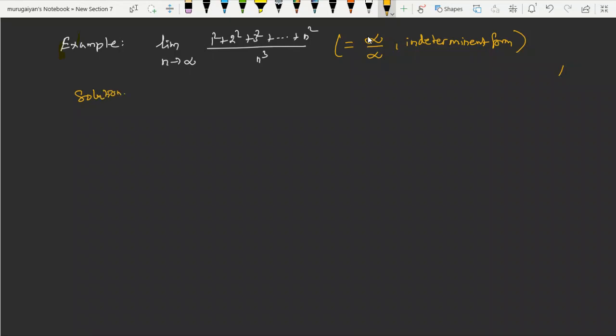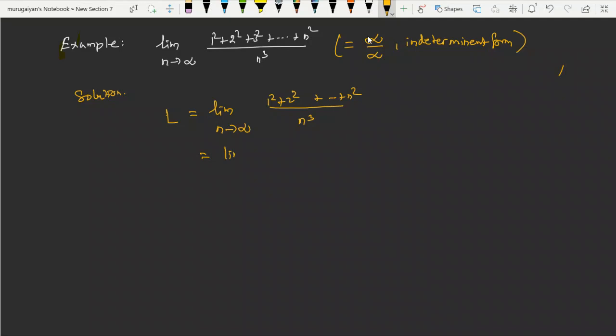So to avoid the indeterminate form, what to do? The limit should be a real number. Limit as n approaches infinity of (1 square plus 2 square up to n square) by n cube.